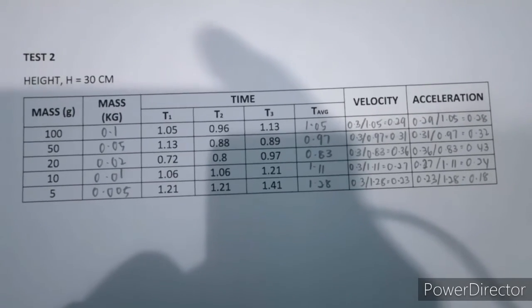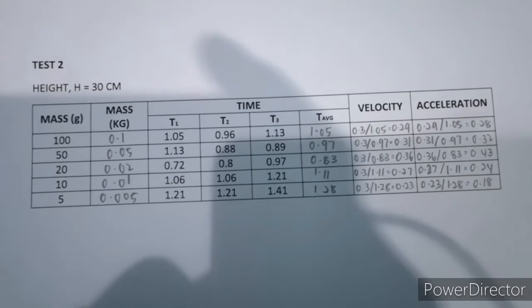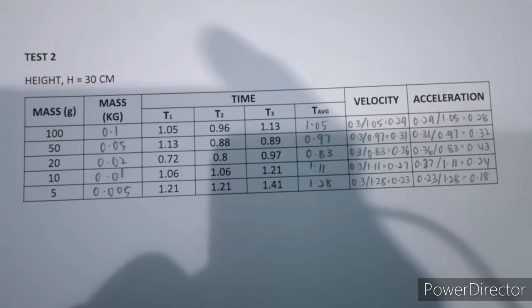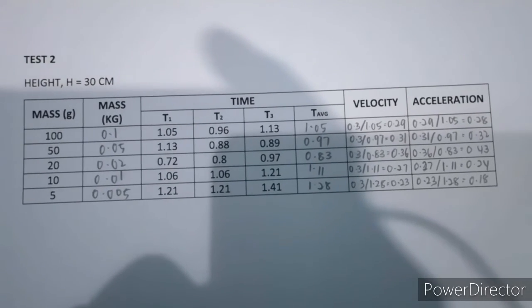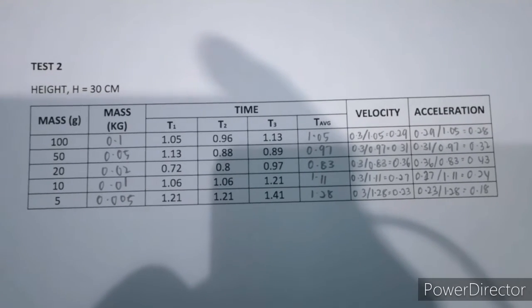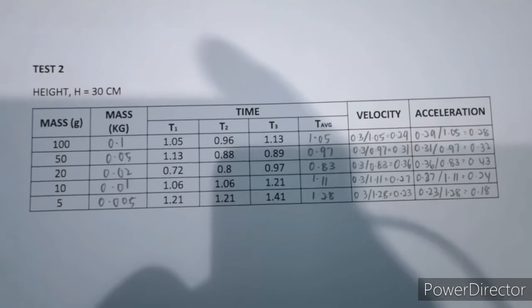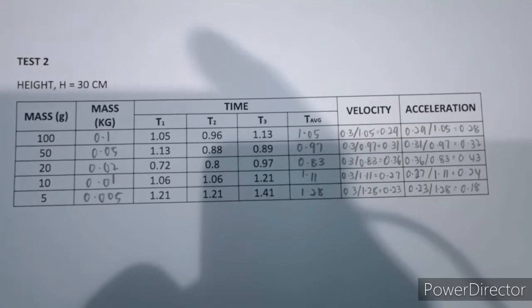And the time average that we got after we plus all that and divided by 3 is 1.05 for the first row, and 0.97 for the second row, 0.83 for the third row, 1.11 for the fourth row, and 1.28 for the fifth row.